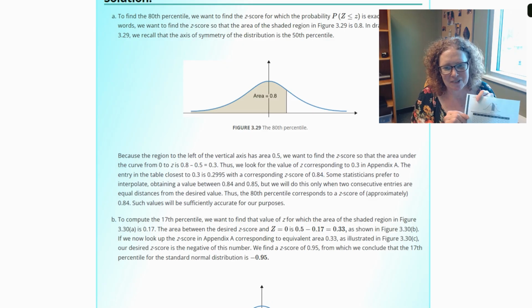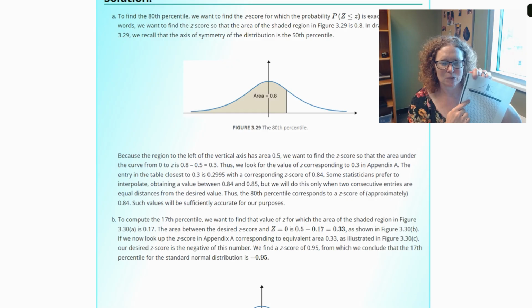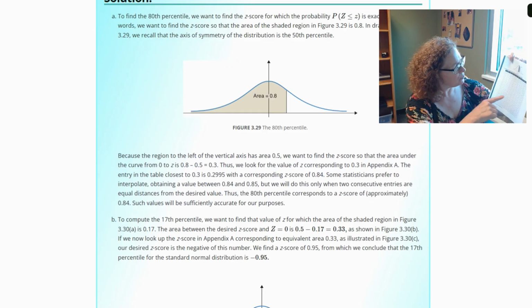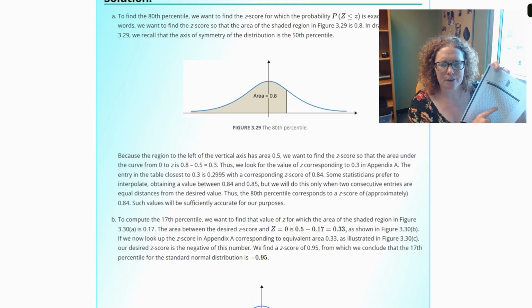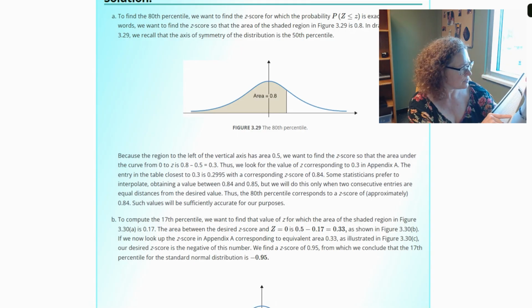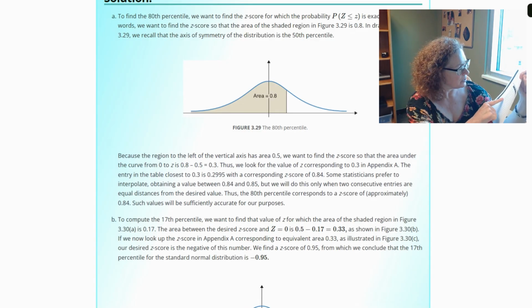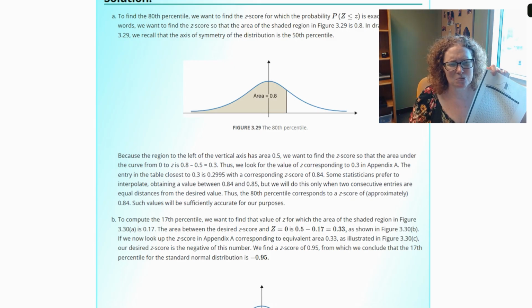So instead of going 0.3 and saying 0.1179, now we're going to look into the table and see what comes closer to 0.8. When I'm looking at it, I see that it's over 0.8, and then I go across, but it's still between 0.04 and 0.05, so it's not either one.